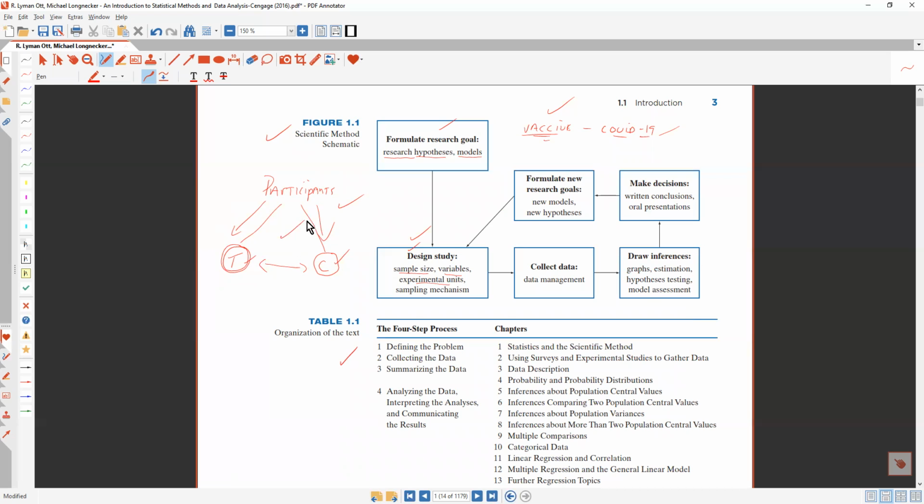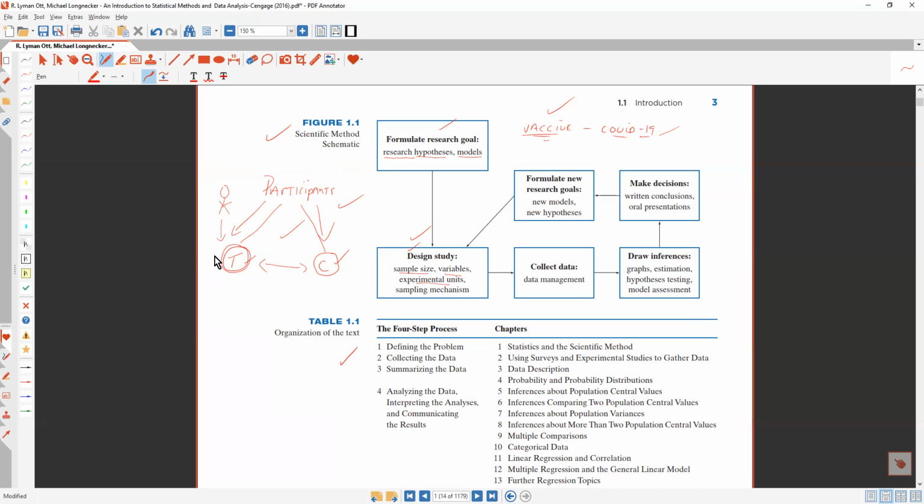Why this type of setup is necessary is because if you don't do something like this, you don't know whether the treatment is working or not. You don't know whether the vaccine is working. Let's say a given person gets the treatment and does not develop COVID-19.